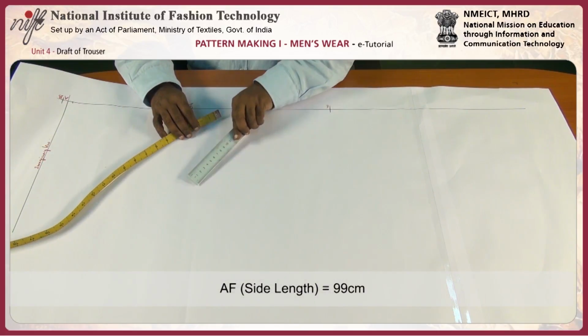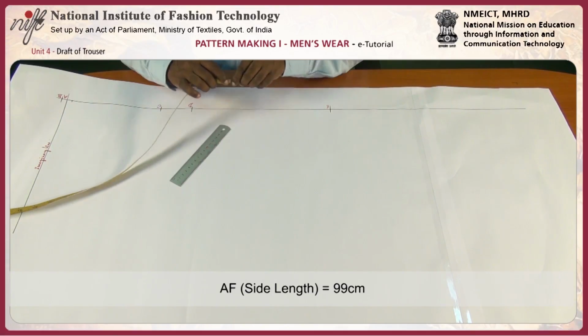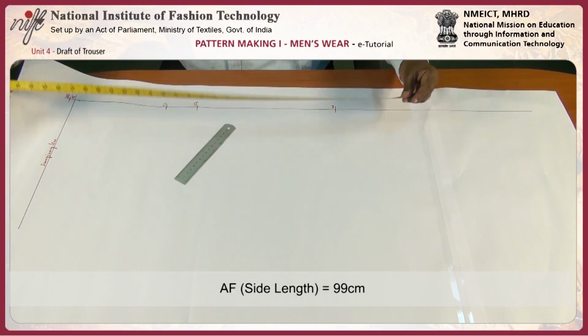A to F, side length is also called outseam 99 centimeter.